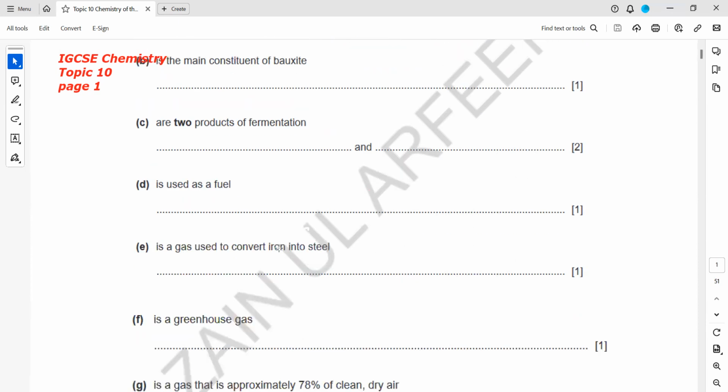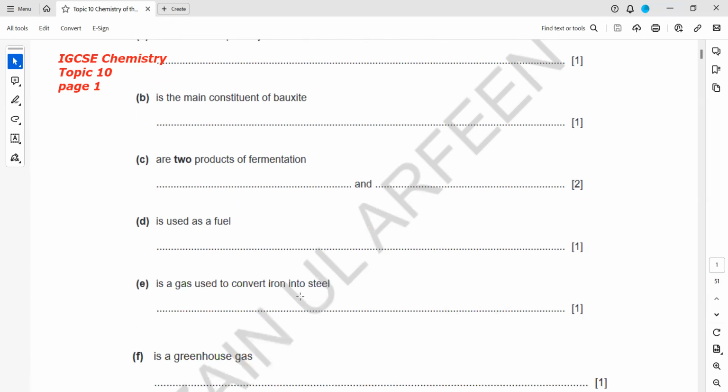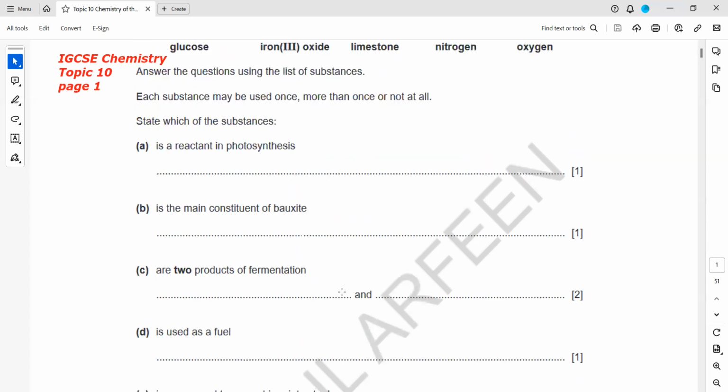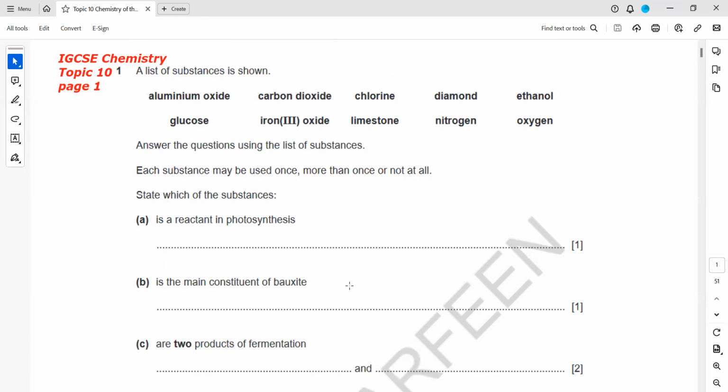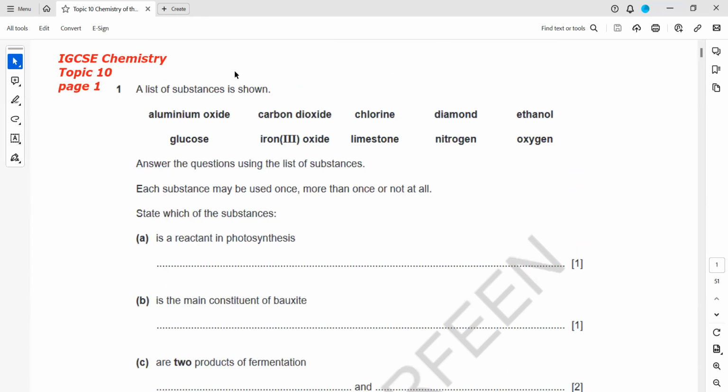The next is a gas used to convert iron into steel. We change the composition of iron from the blast furnace. Which gas do we use to do that? Iron from the blast furnace contains carbon impurity. How can we change the amount of carbon?